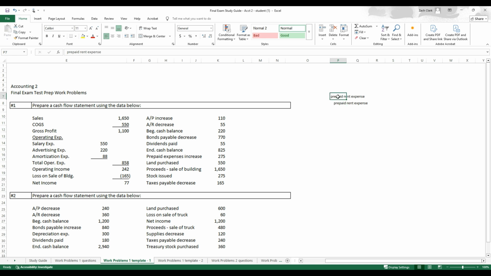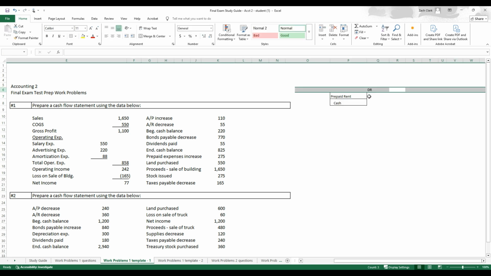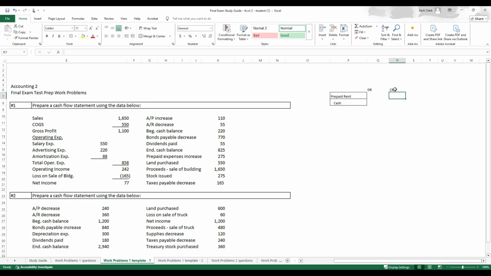When we first pay a year's worth of rent, for example, we're going to credit cash and we're going to debit prepaid. I'm just going to say prepaid rent. That'll be our initial journal entry. A little debit credit here. So think about, at this point, let's say it was $1,000, just to make it a little more realistic.